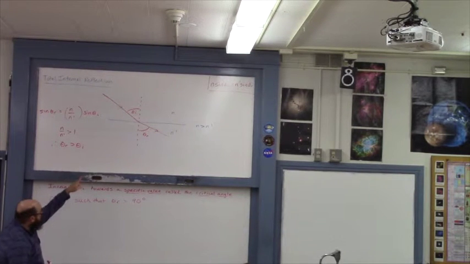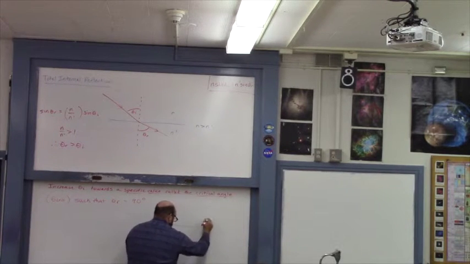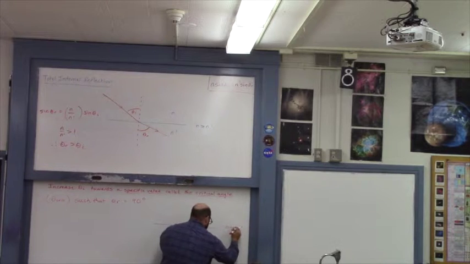The situation looks like this. Take the incident angle from the diagram above, make it a little bigger, so the refracted angle gets bigger. If the incident angle gets large enough, this specific value called the critical angle, then the refracted angle is 90 degrees. Here's the boundary, here's the n, n prime. The n is greater than n prime once again.